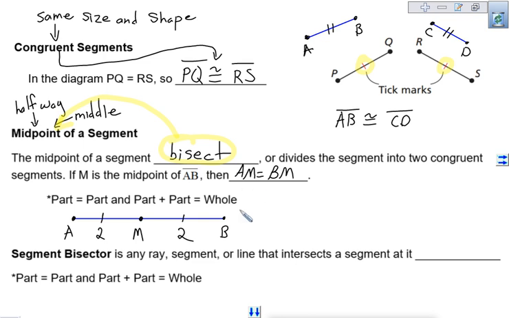It also tells us that those segments are congruent. We also know, still, the segment addition postulate, that the length of AM plus the length of MB is going to still equal the length of AB. So 2 plus 2 is 4, and that is the length of this whole segment AB.